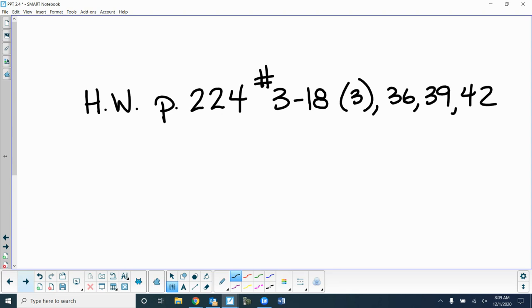And that's what's going to be on your quiz, those 2 types of problems. Quiz will be Friday. The 36, 39, and 42 are the min-max problems. Numbers 9 to 18 are the first type. And 3 and 6 was just matching a parabola to an equation.